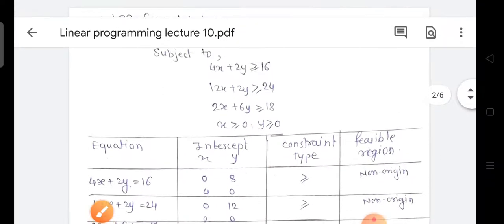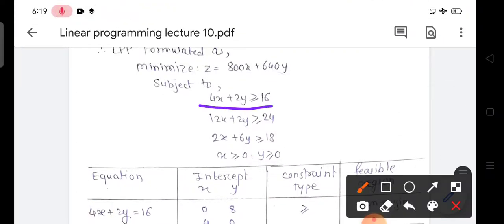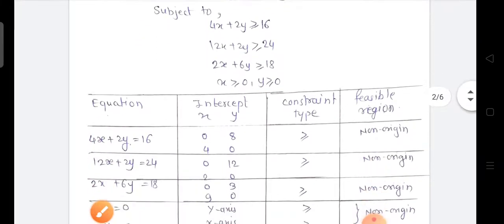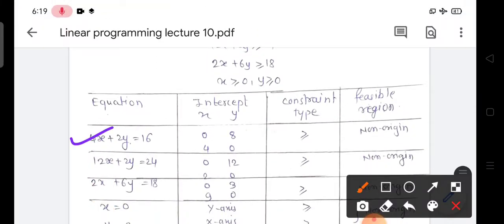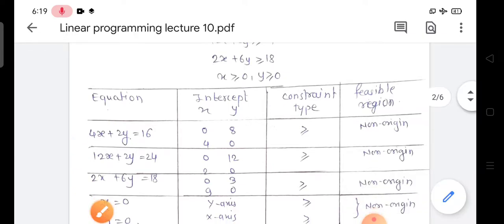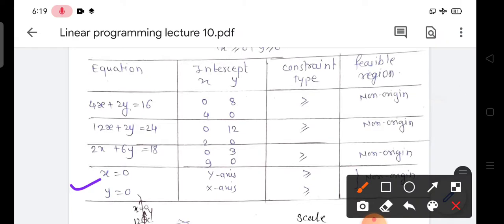The first equation is 4x plus 2y equals 16. Second equation 12x plus 2y equals 24. Third equation 2x plus 6y equals 18. Next, the non-negativity constraints: x greater than or equal to 0, y greater than or equal to 0.